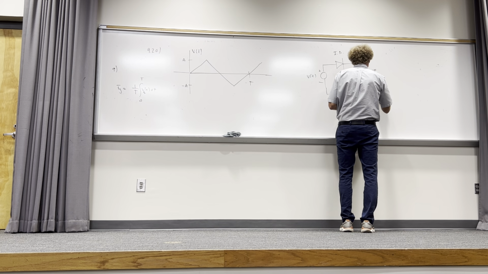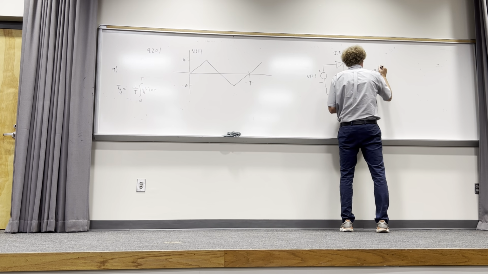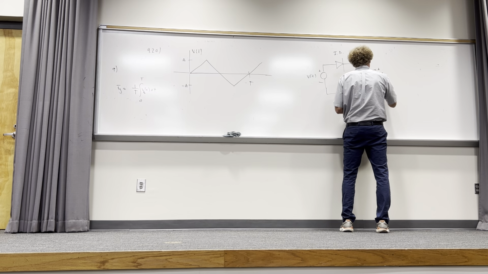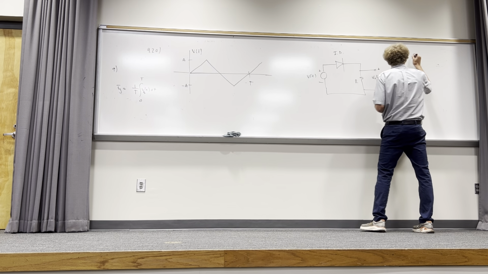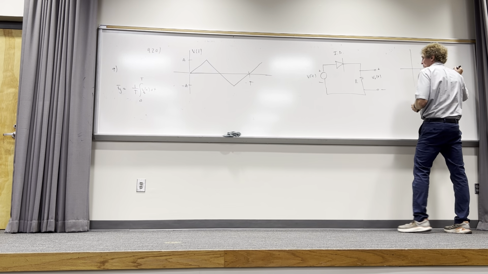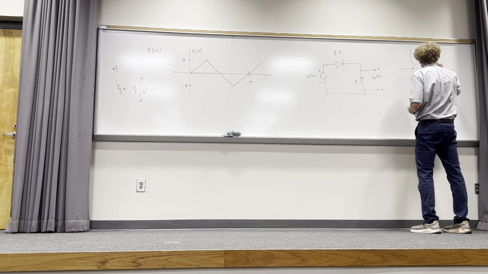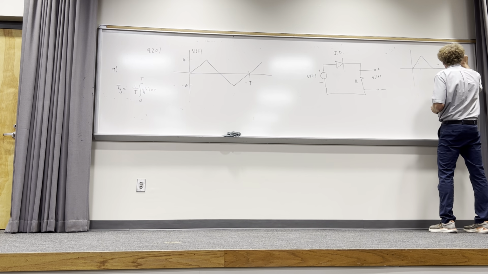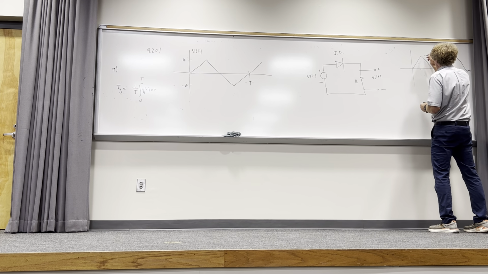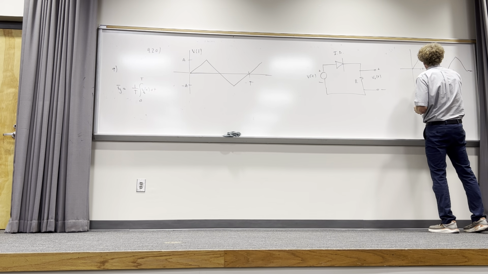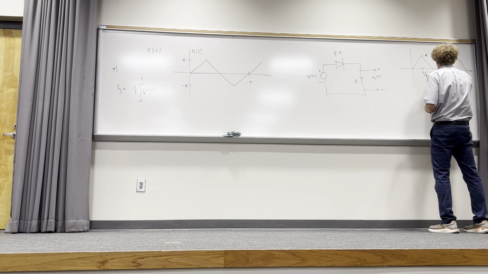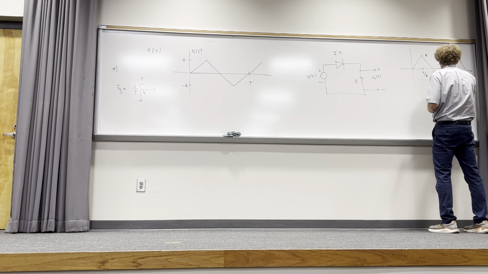Then this output, if I call this V out of T, you would get the rectified waveform. You would get this. This would be A, this would be T over 4, this would be T over 2, this would be T.